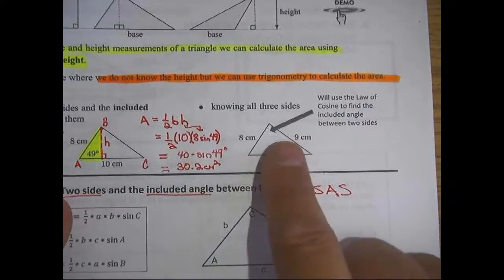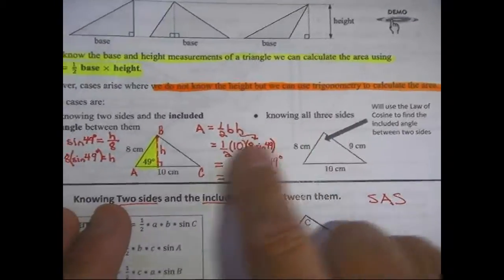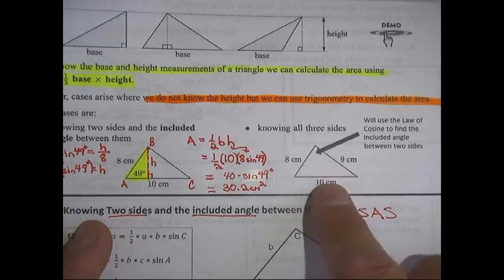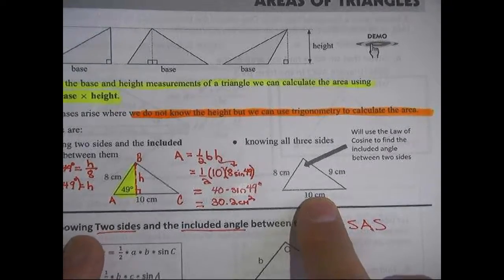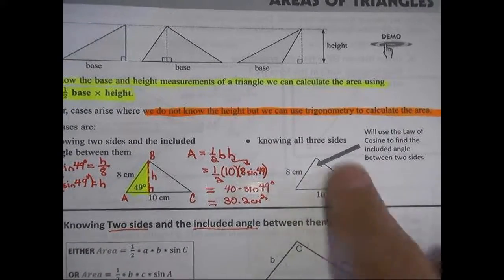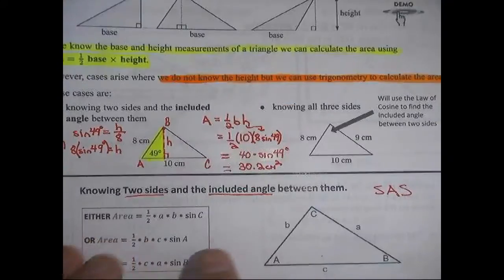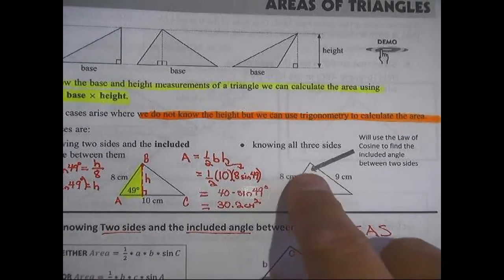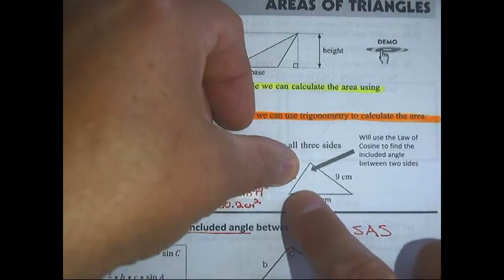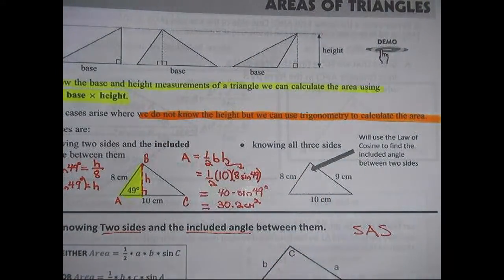All right. If you look at this other situation, well, what if you don't know any of the angles and you know only the 3 sides? So right now, the way this is, you can't use this formula because I need to know one of these angles.